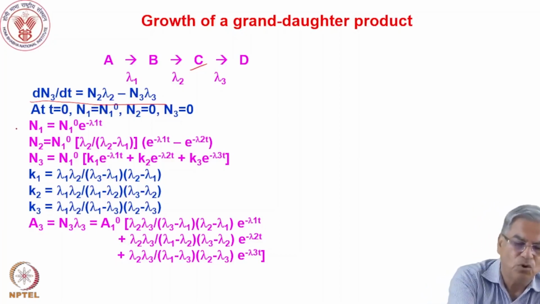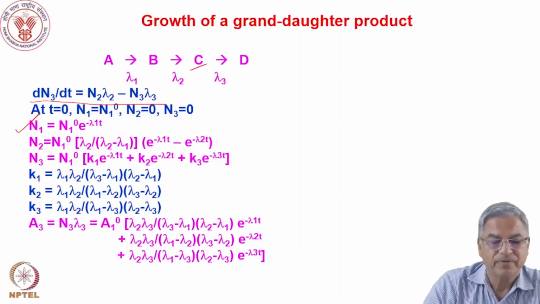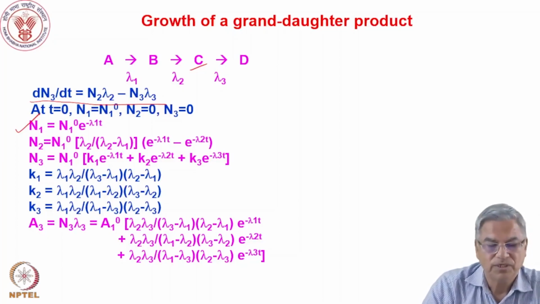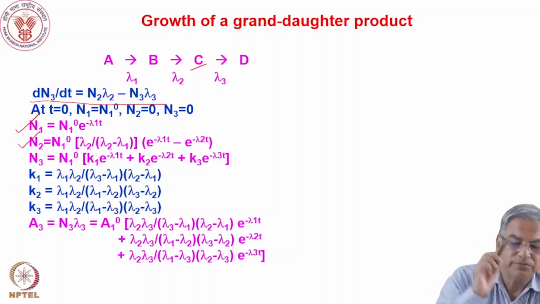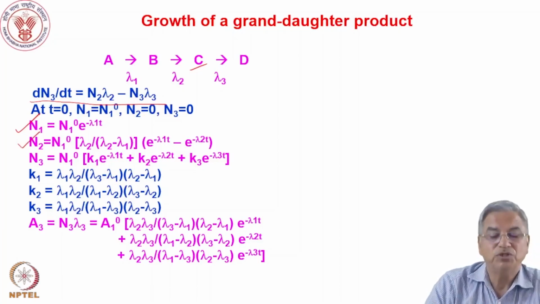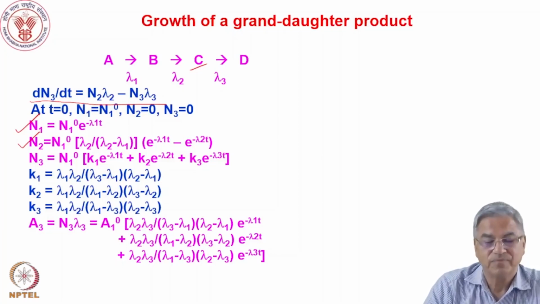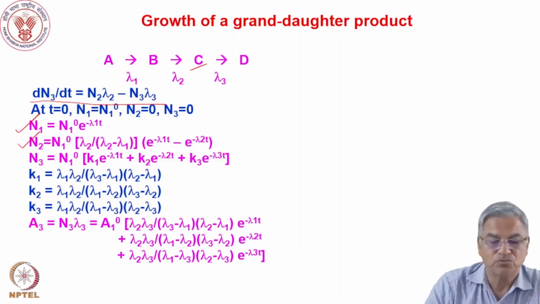So already you know the number of atoms of A, how they will change as a function of time, N1 equal to N1 0 e raised to minus lambda 1 t. Similarly for B, we have just now solved the equation: N2 equal to N1 0 lambda 1 upon lambda 2 minus lambda 1 into e raised to minus lambda 1 t minus e raised to minus lambda 2 t.